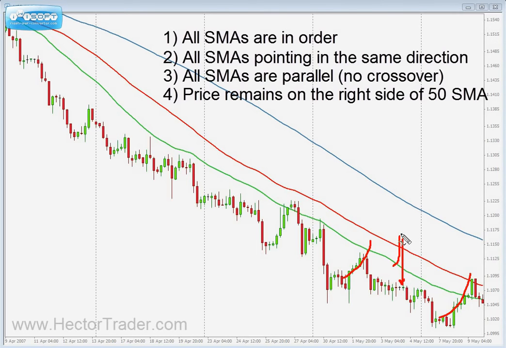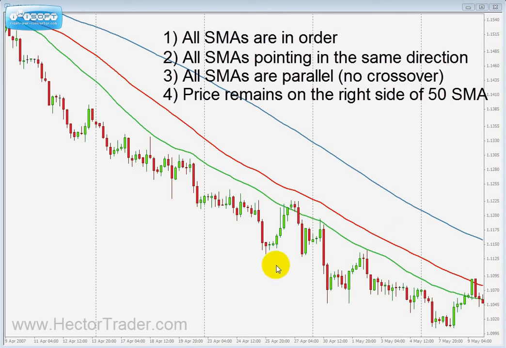As long as that breach above doesn't take more than 1, 2, 3 bars maximum, and within those bars price dives back down into the right side of the 50 simple moving average, we can safely say that the trend is still in place.